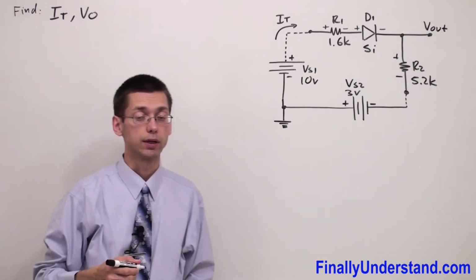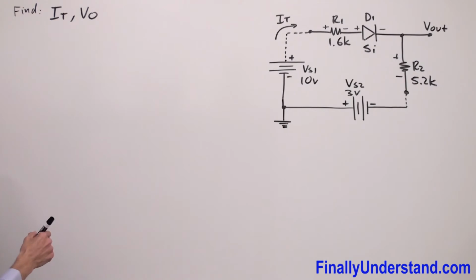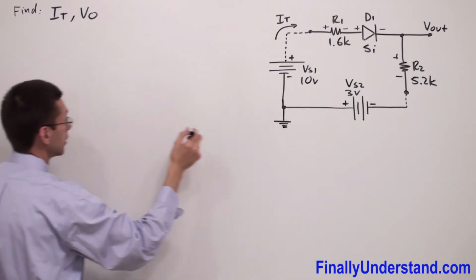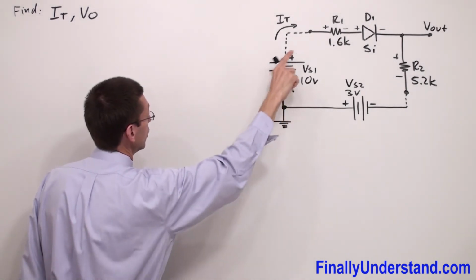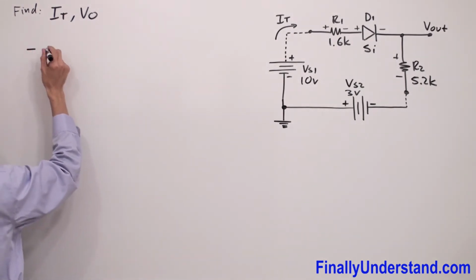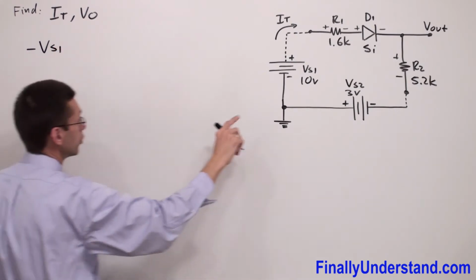So right now we can say that we are ready to write the Kirchhoff voltage law equation, okay, KVL equation. I'm going to start, like most of the time, from the ground, and I'm going to go clockwise. So I have negative voltage source 1, because I'm going this way.